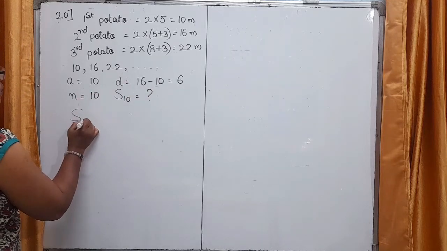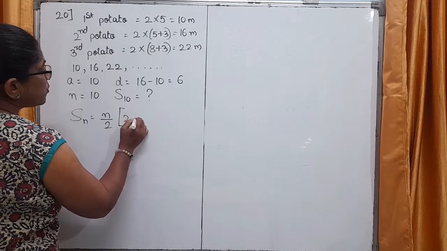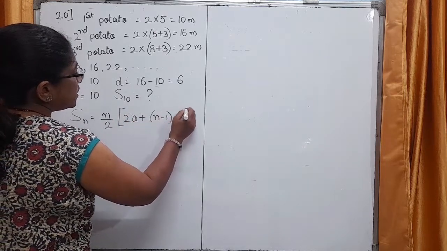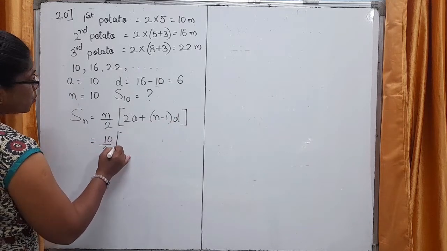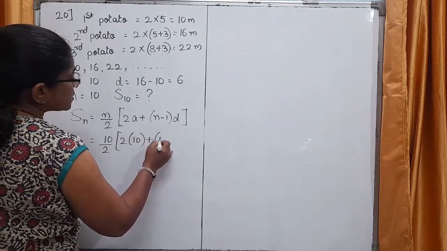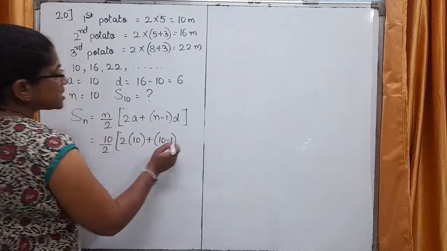Our simple formula of S_n, that is n upon 2 into the bracket 2a plus (n minus 1) into d. Here n is 10. 10 upon 2 into the bracket 2 into 10 plus (10 minus 1) into d, which is 6.